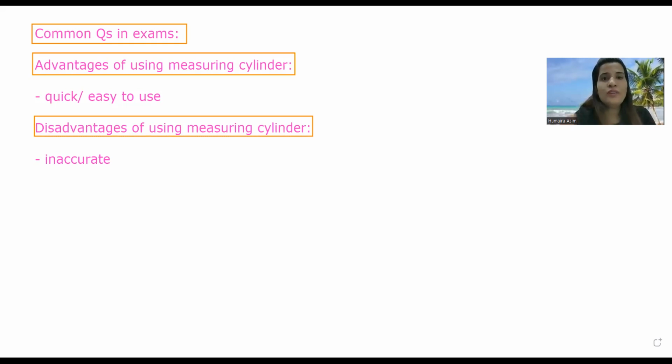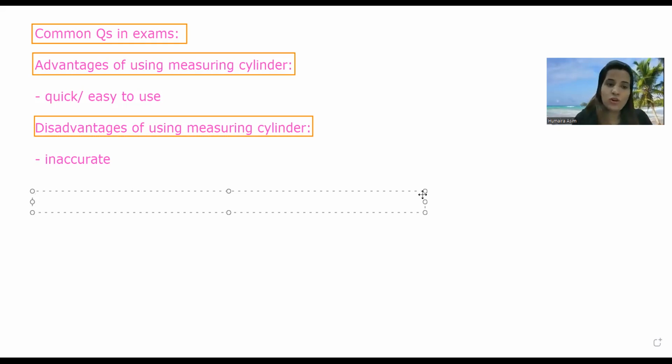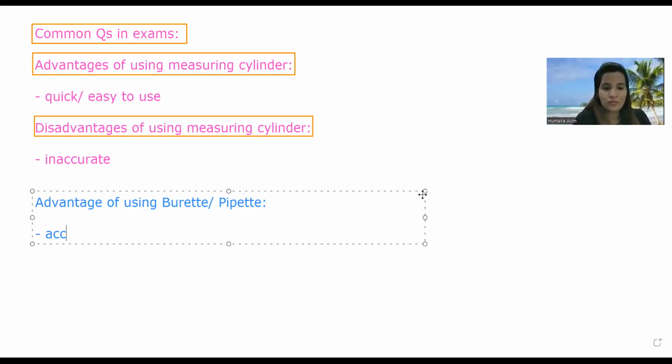Now, come to the other side. Let's talk about the advantage of using a burette, or we may also call it a pipette. When we are talking about the advantage, it is accurate.